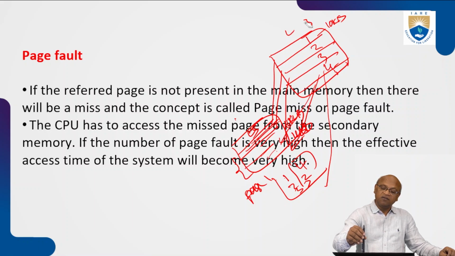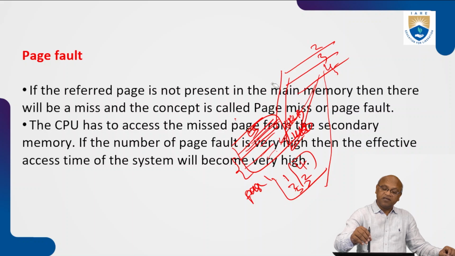So this is called page fault and page demanding. Page demanding means whenever we want to see the next page, that page is not available in the RAM because the RAM is already full with the existing pages. We want to see page 4, but page 4 is not available in the RAM, so that is called a page fault.